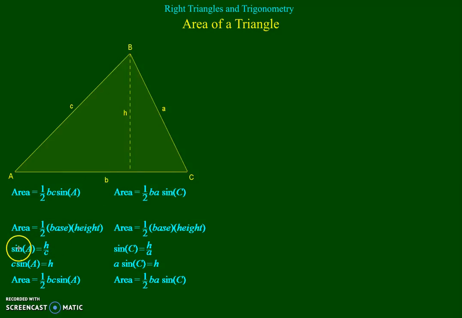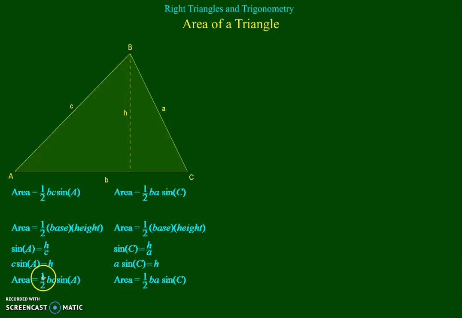And so we know that this height value is the opposite side, so it's going to be the sine of this angle, which is equal to this height over the hypotenuse of the triangle, which is c. So sine equals h over c. And if we solve for the height, it's the side c times the sine of this angle.